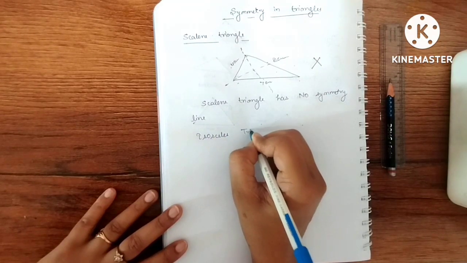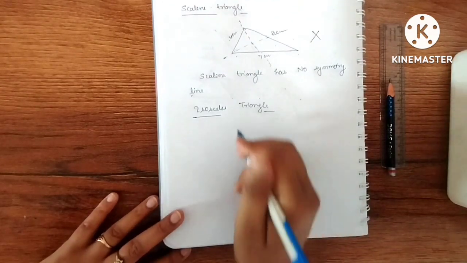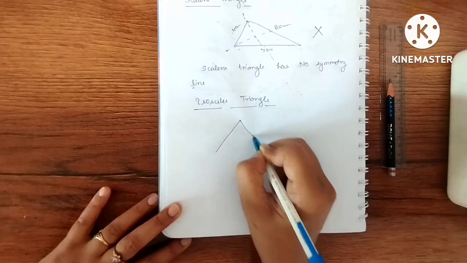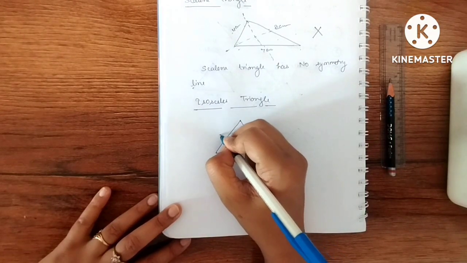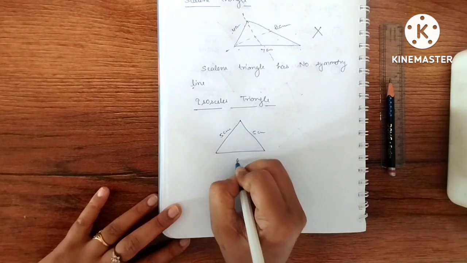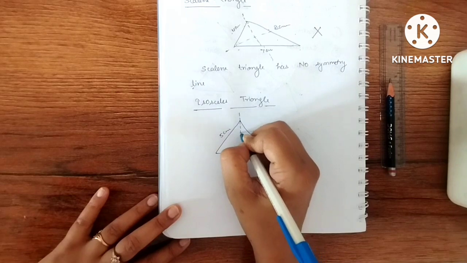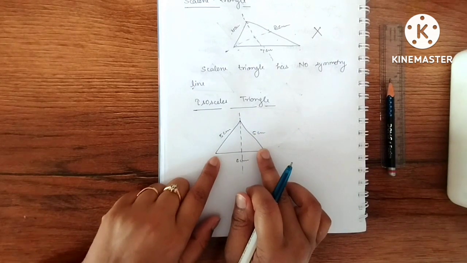Now the isosceles triangles. If we talk about the isosceles triangle, suppose this is 5 centimeter, 5 centimeter and 6 centimeter. If you draw a line from here, see, these two shapes are same.